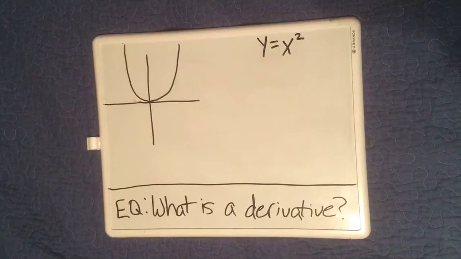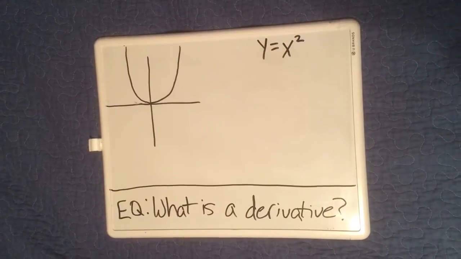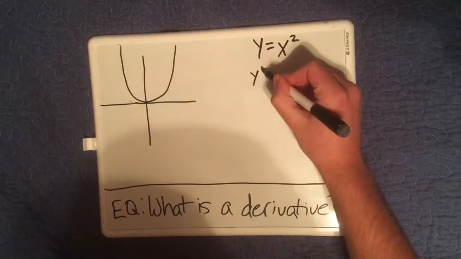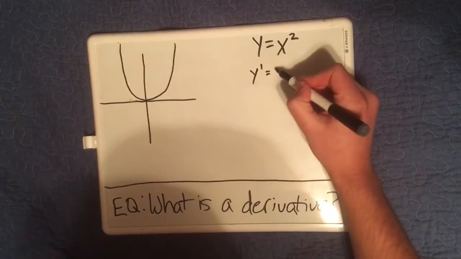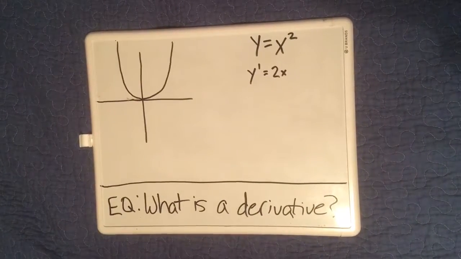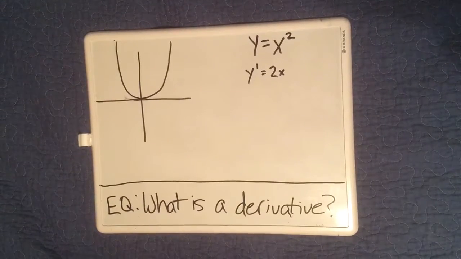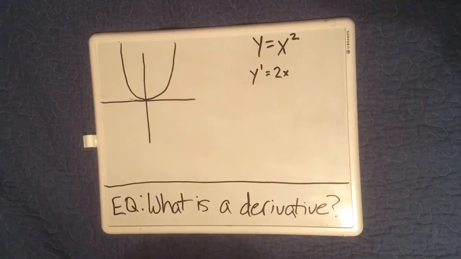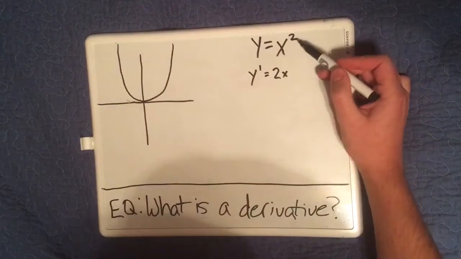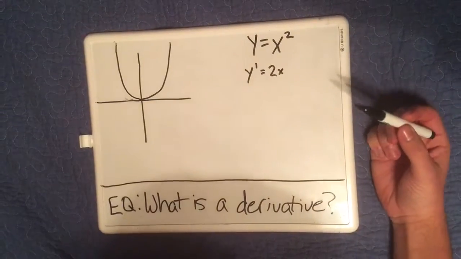So if you look at the equation y equals x squared, the derivative, which is also known as y prime, would equal 2x. And this is by the power rule. What the power rule is, when you're taking the derivative of an equation and you're looking at a certain term that has an exponent, you're going to bring down the exponent and multiply it by the coefficient, and that will be your new coefficient.